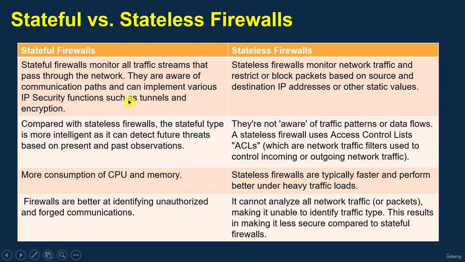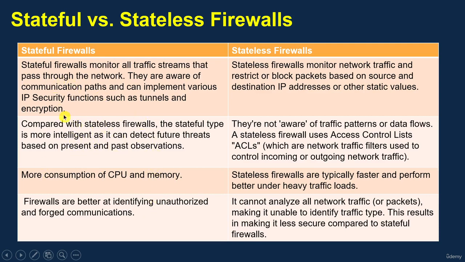Compared with stateless, this is very intelligent because, like I said before, it is a dynamic packet filtering firewall. It can block certain unknown types of future threats, and because it's intelligent, it can detect traffic patterns.